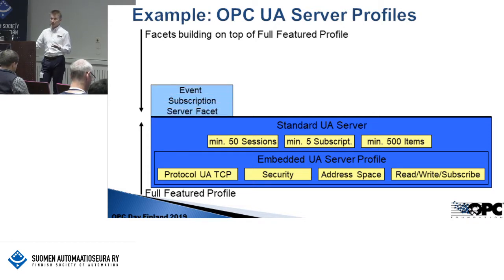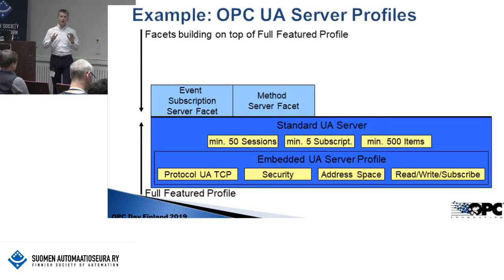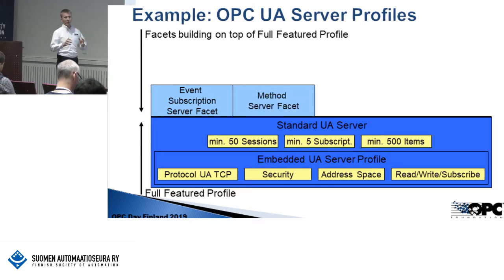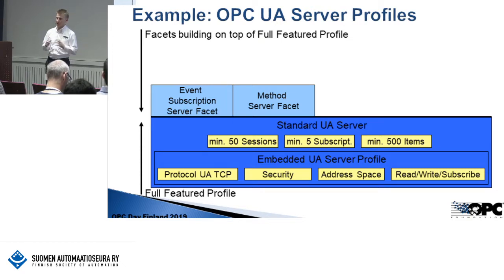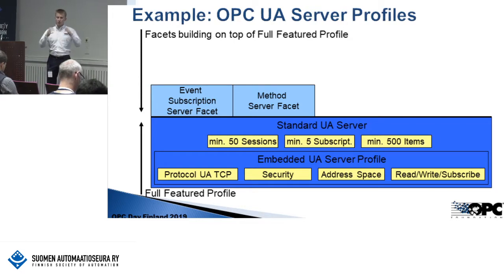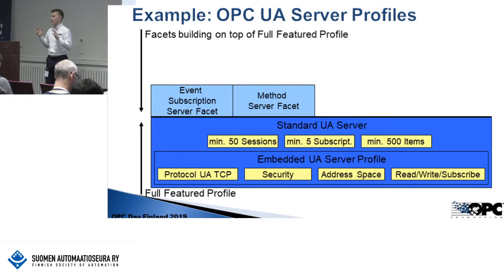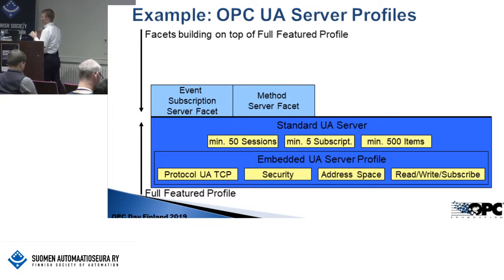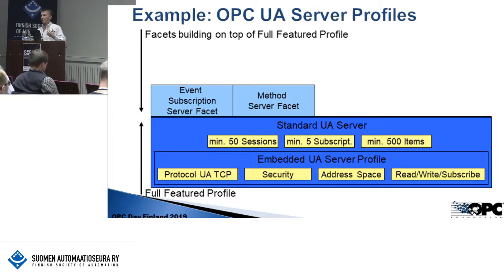What we also have are facets. Facets are a specific functionality that needs to get a name, like method calling. When you have a server that is exposing a method that a client is supposed to invoke, then you need to implement that specific functionality. Those facets can now be integrated additionally to such full-featured profiles.